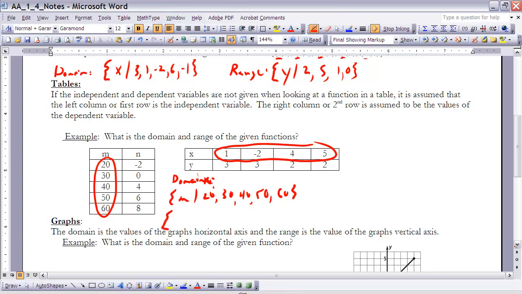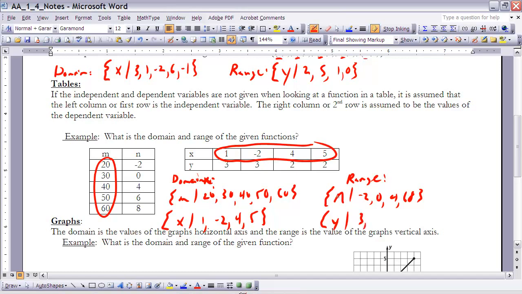And for this other one, the values for x would be 1, -2, 4, and 5. And in terms of the range for these two functions, it would be the values of n such that we have -2, 0, 4, 6, and 8. And the same thing would apply for this one. So all values of y such that they are equal to 3 or 2.